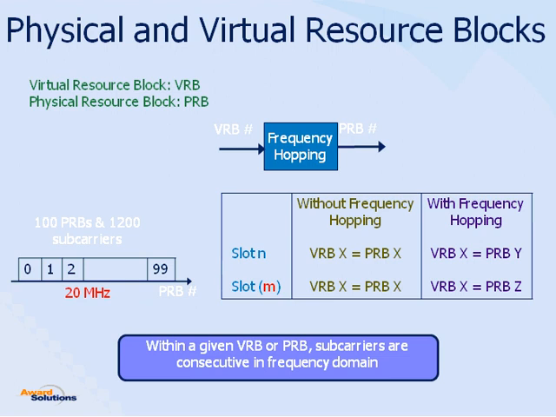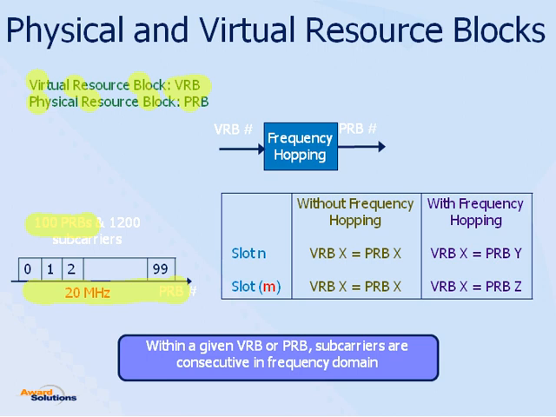Now there is something called physical resource block and virtual resource block. Virtual resource block, VRB, and physical resource block, PRB. So let's say I have a 20 megahertz spectrum. Inside the 20 megahertz spectrum, I would have 100 physical resource blocks.